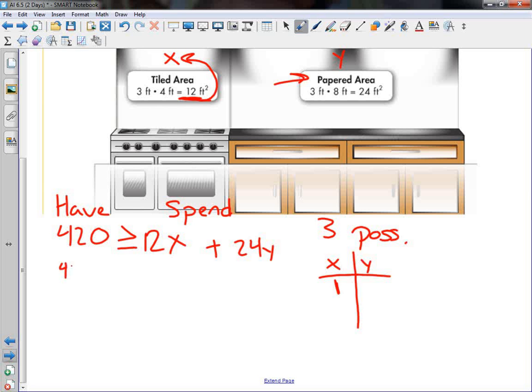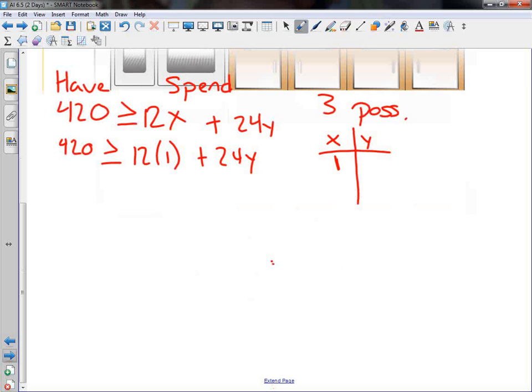So I go 420 is greater than or equal to 12 times 1 plus 24y. Well, this is equal to 12, so I need to subtract 12 from both sides. I get 408 is less than or equal to 24y.